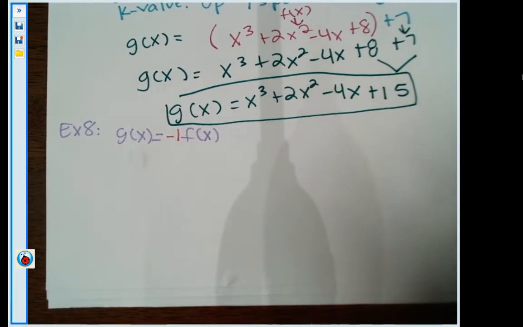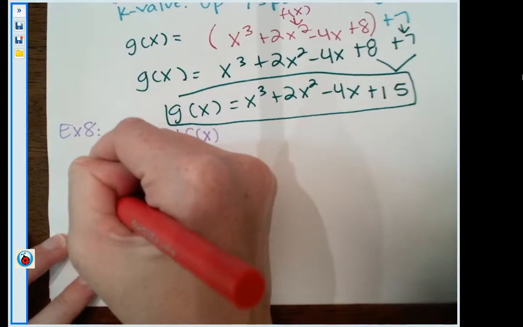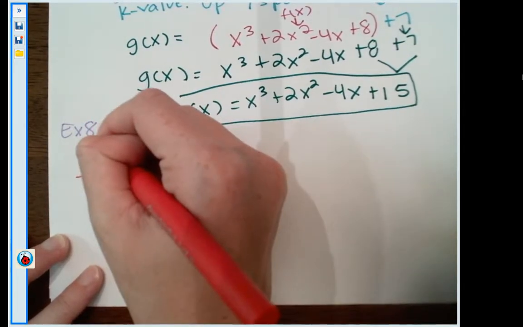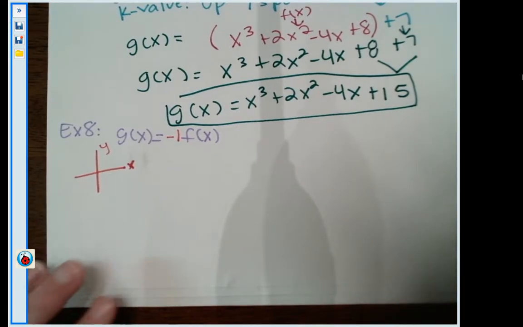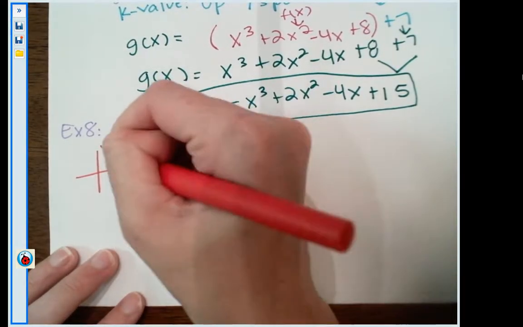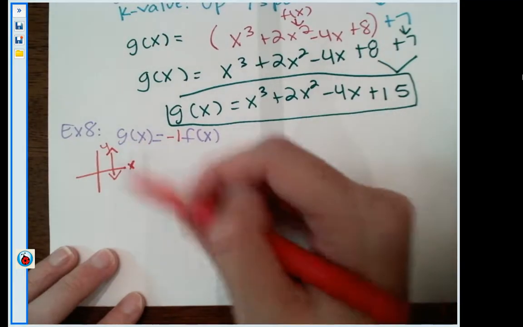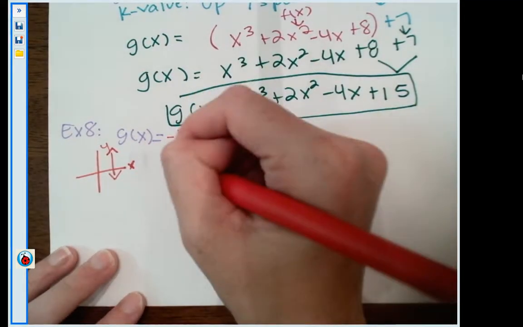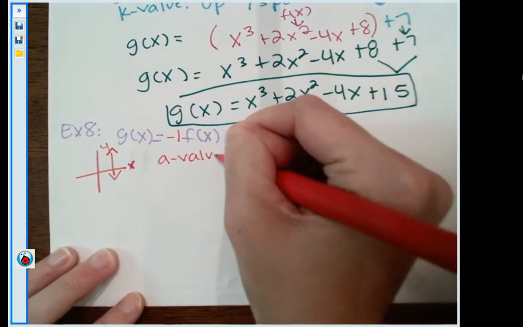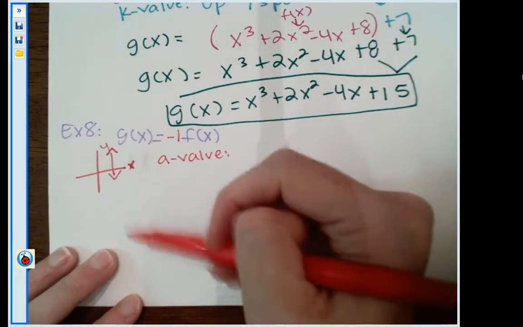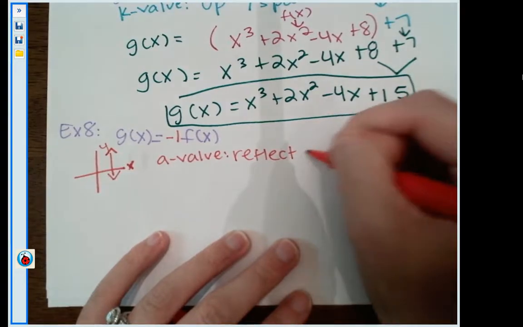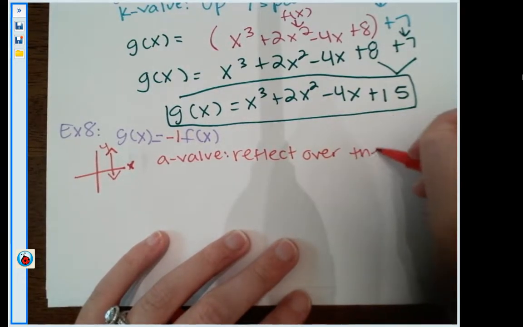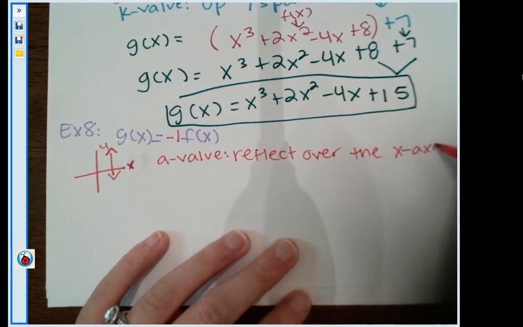And since A values do everything vertical, let's think about this. Okay, the only axis we'll be reflecting over if we're reflecting in a vertical motion will be the x-axis. We'll cross the x-axis. So this is an A value, and it'll be a reflection over the x-axis. So it will reflect over the x-axis.